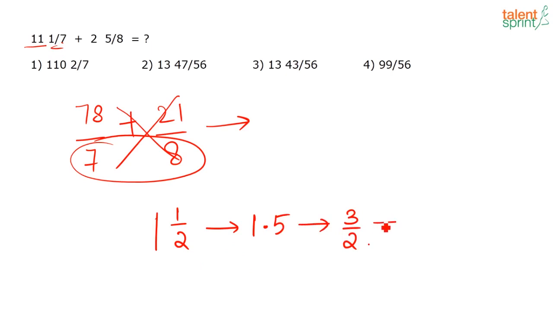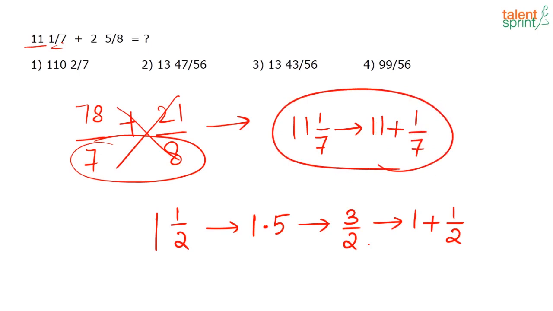So basically what is 1 1 by 2? 1 1 by 2 is 1 plus 1 by 2, correct? So if it is 11 1 by 7, what can I say? 11 1 by 7 is nothing but 11 plus 1 by 7. You should be clear with this. Whenever you are given a mixed fraction, you can split the integer and the fractional part separately, okay?